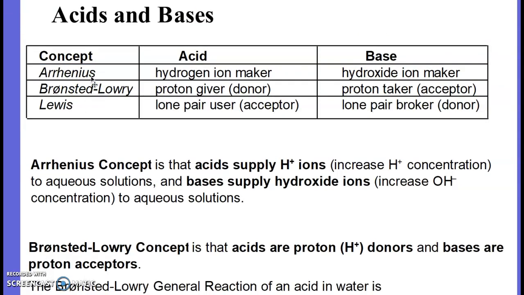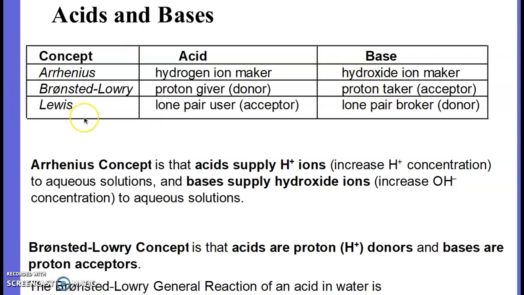Arrhenius was the first gentleman. Basically, things donate hydrogen when they're in aqueous solution in water. Bronsted-Lowry is kind of similar, but think more about the thing taking the hydrogen.